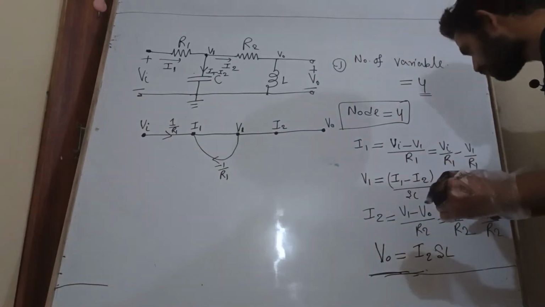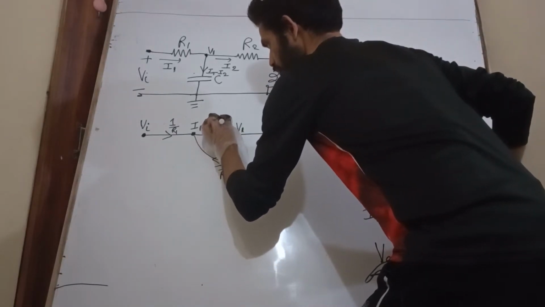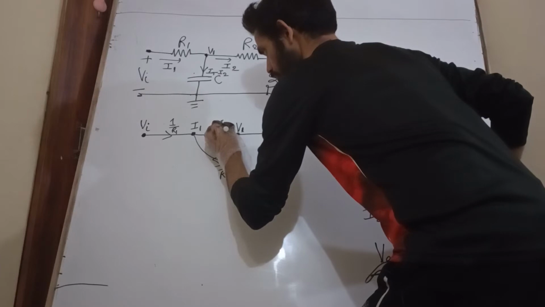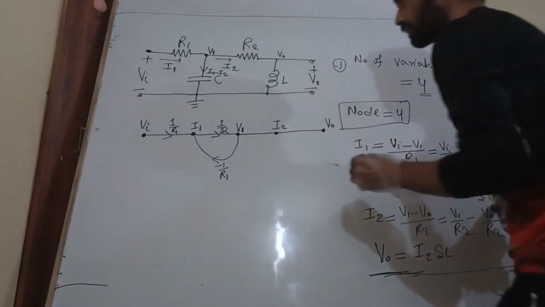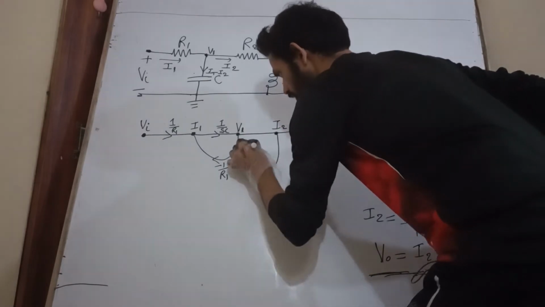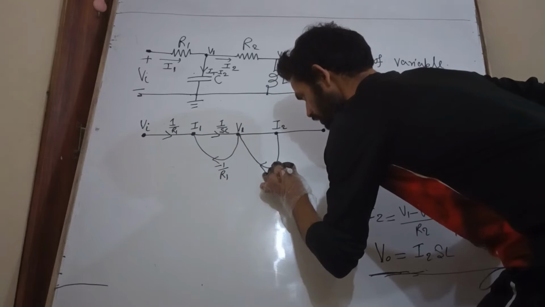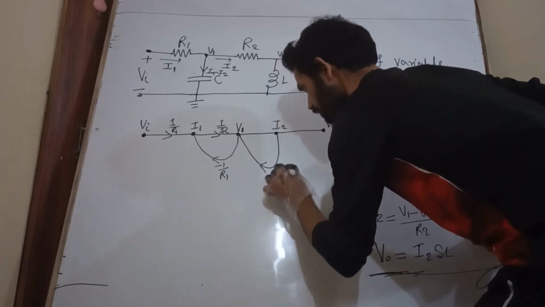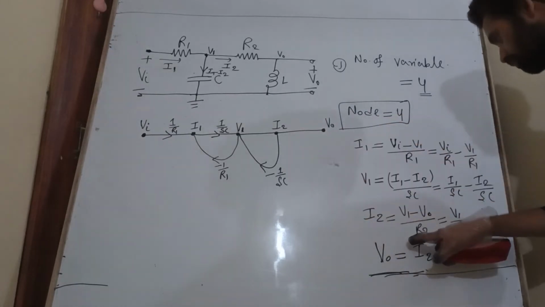V1 is how much? I1 by SC, this is my 1 by SC. Then V1 is minus I2 by SC. Minus I2 by SC means 1 by SC.